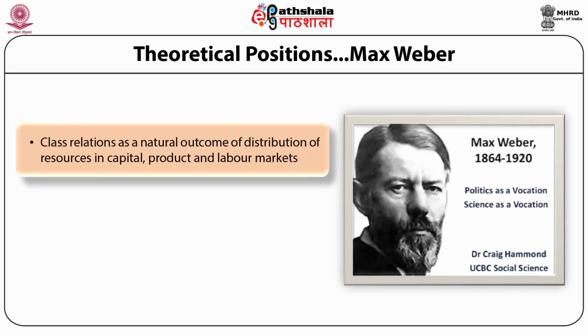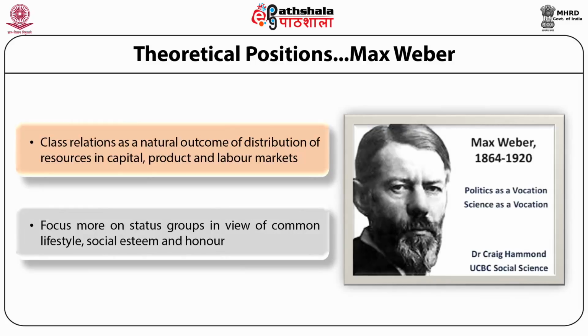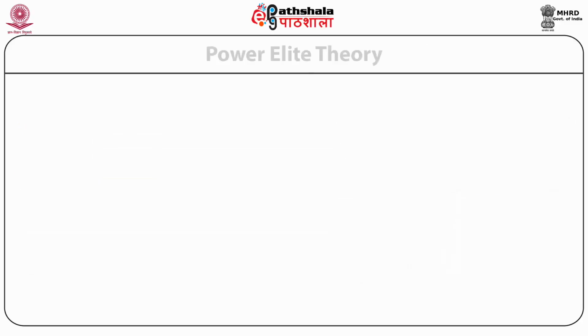Max Weber primarily focuses on the status group in view of common lifestyle, social esteem, and honor. So he believes that the capitalist class or the business class appears to be different from other classes, not only in terms of their ownership of the means of production, but also in terms of their lifestyle, social esteem, honor, and prestige in society.